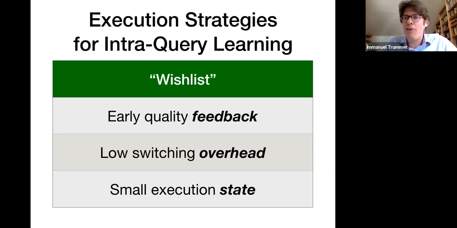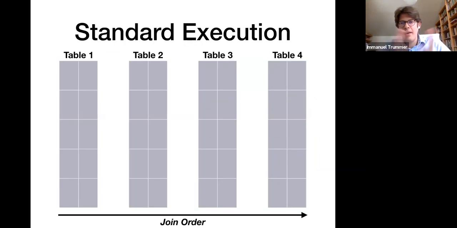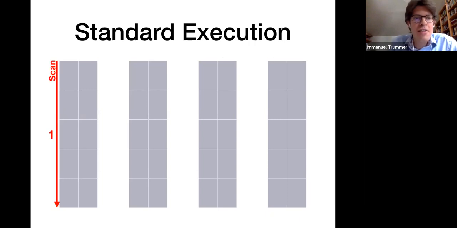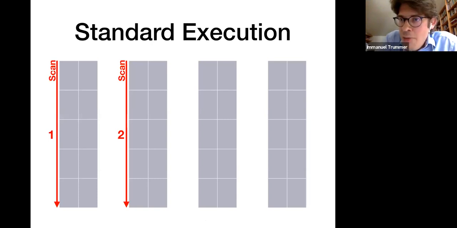Now let's see how standard execution compares to that wish list. So with standard execution, let's say that we join those 4 tables here in a join order from left to right. So we would start by reading the first table, perhaps building a hash table over it. Then we would read the second table, perhaps we would probe the hash table, and that would generate one intermediate result.